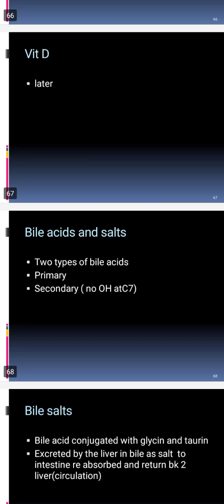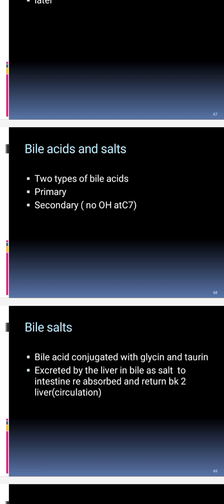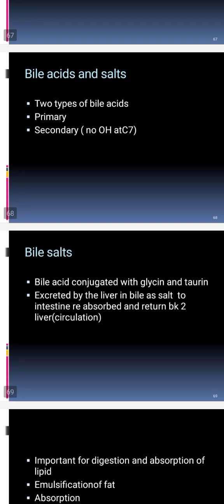Also, one of the derived lipids is bile acid and also bile salt. There are two types of bile acids, either primary or secondary. The difference between the secondary bile acid and the primary one is that the secondary has no hydroxyl group at carbon number 7.